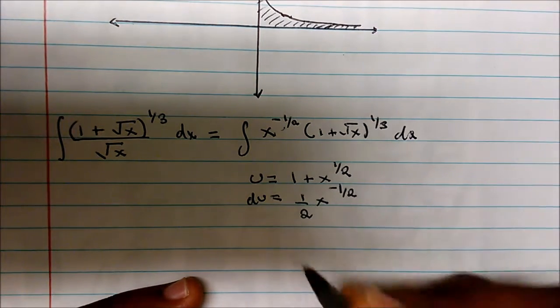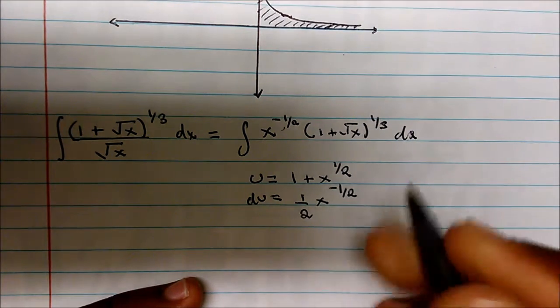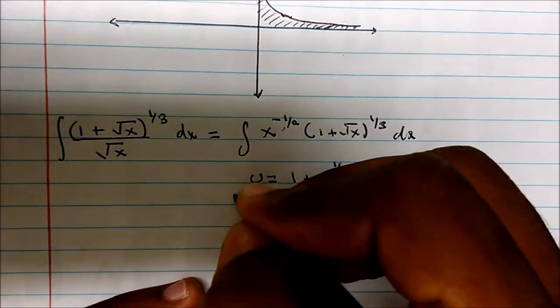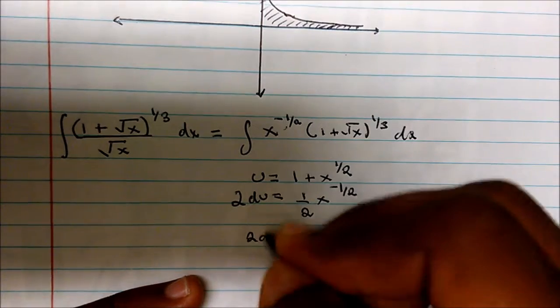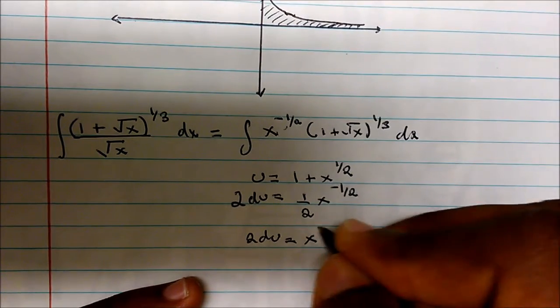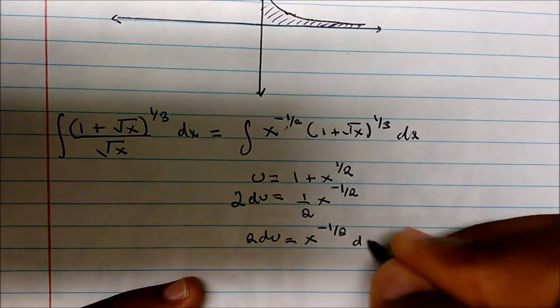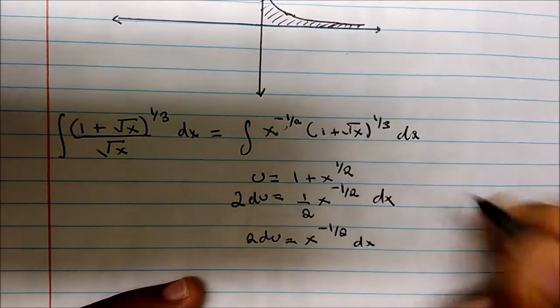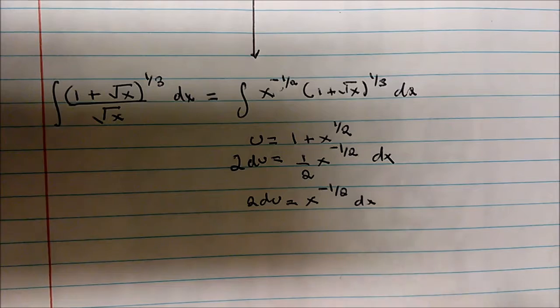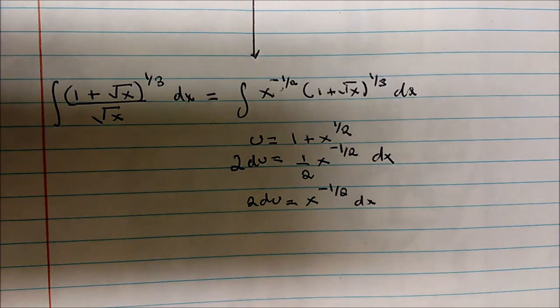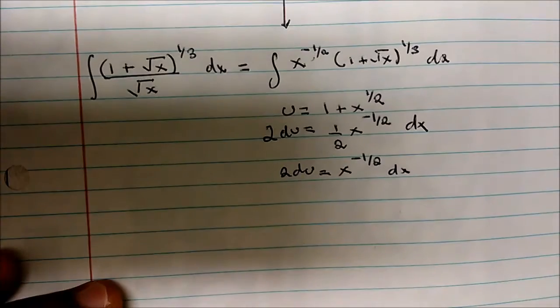I can multiply by 2 on the other side to get rid of this 1/2 here. So if I multiply by 2, then 2 du becomes x to the negative 1/2 dx. And sorry about that, this dx should be attached here. All right, so now we've set up our function for perfect u substitution.